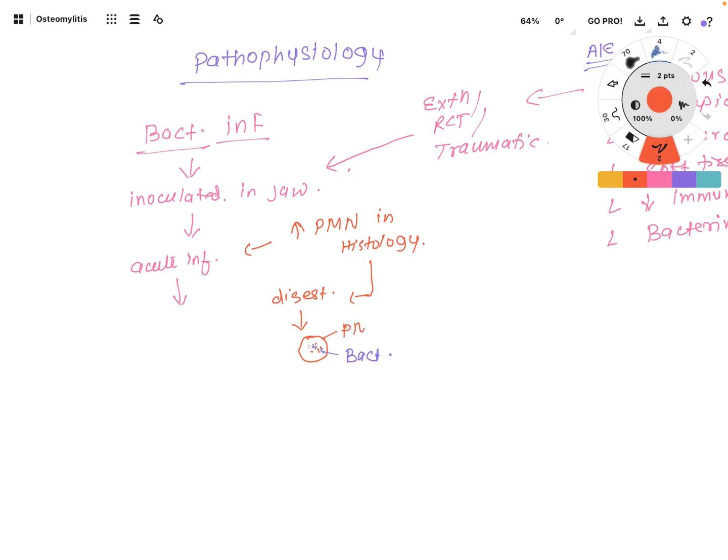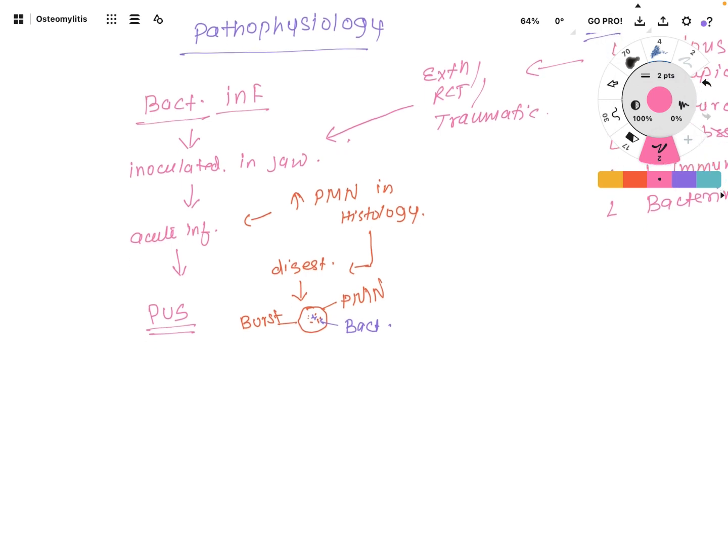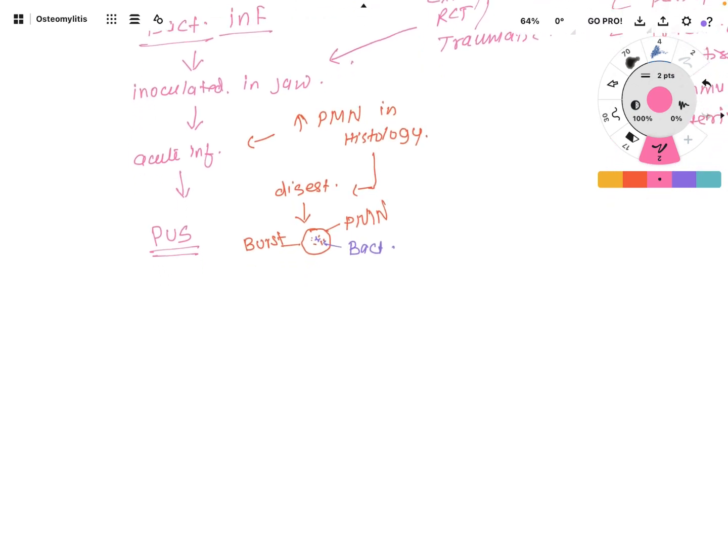What will happen? This will burst because it's full now, and this bursting of the neutrophil will form pus. So the presence of pus is not your bacteria, it's just debris of the bacteria and a lot of dead neutrophils. It's basically a graveyard for your neutrophils, right? All of the soldiers which sacrificed themselves for your body, that's pus.